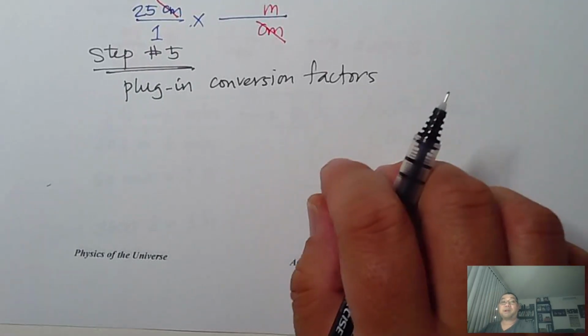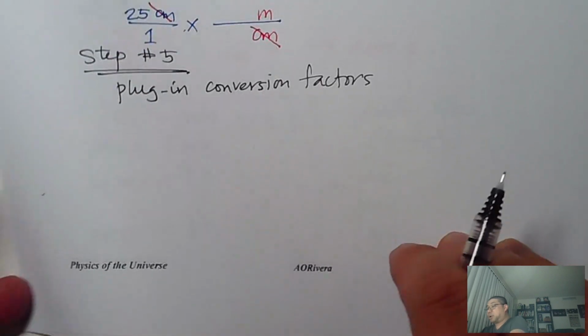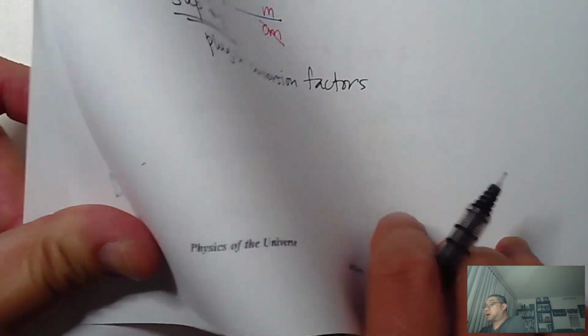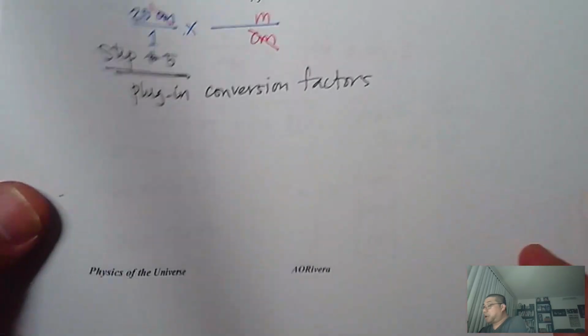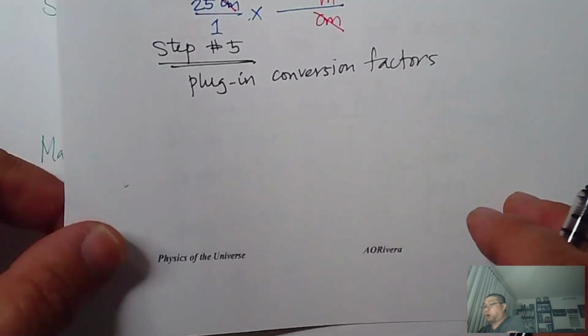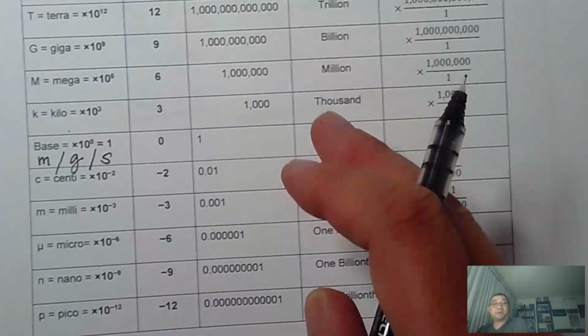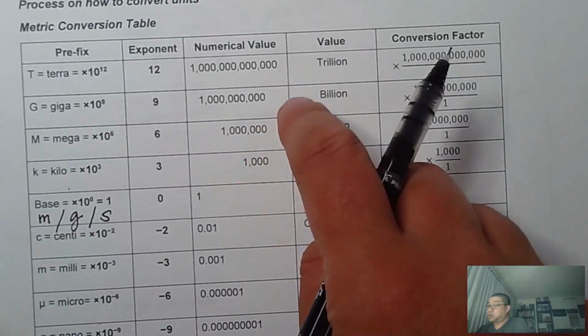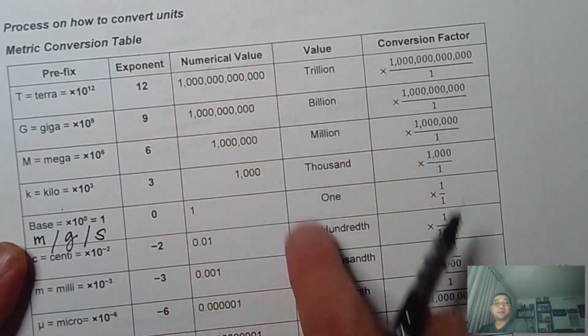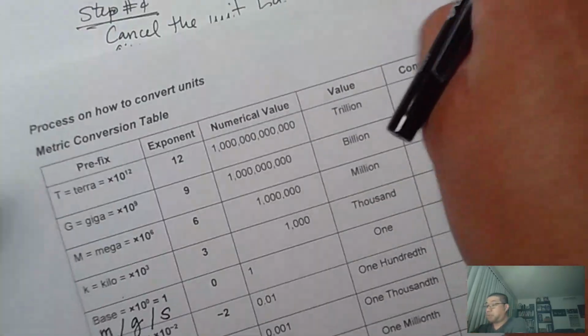Now, where can we find conversion factors? Conversion factors are on page number 4 of your notes, which is right here. So these are the numerical values of it.